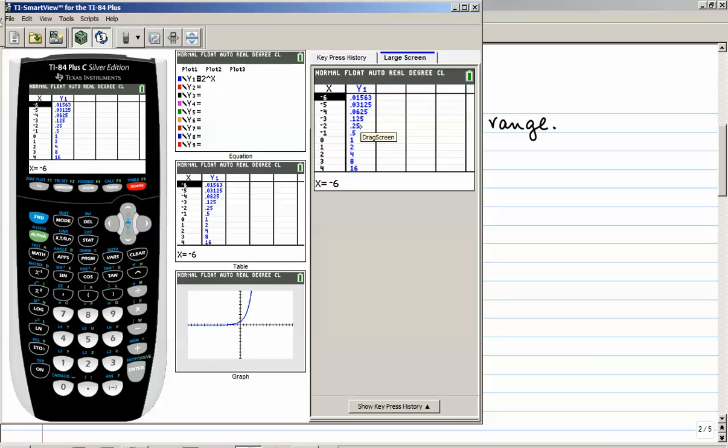You'll notice my y values, as I move up the table, keep getting smaller and smaller, but they never hit 0. They get very close to 0, but they never hit 0, and they will never be negative. So let's pick just a few of these values, from -2 up through 3, and put those on a table.